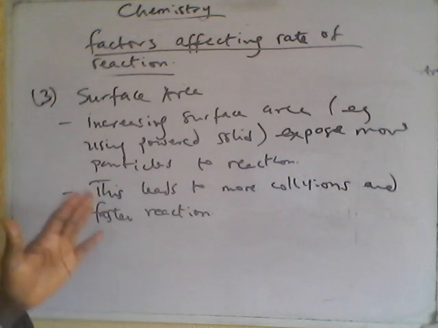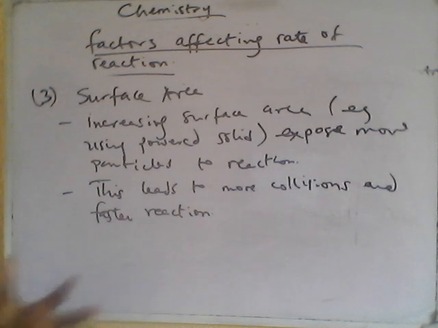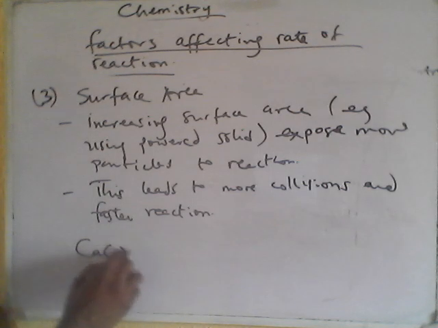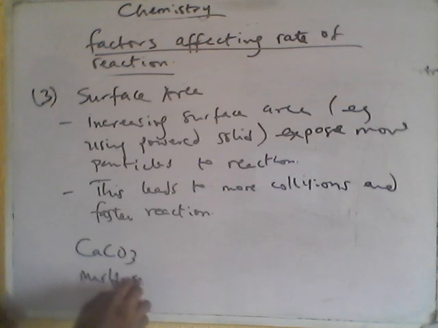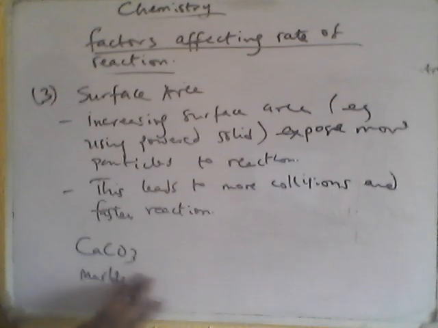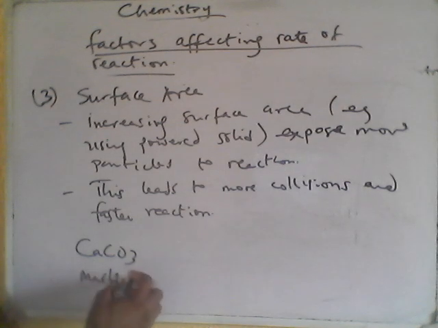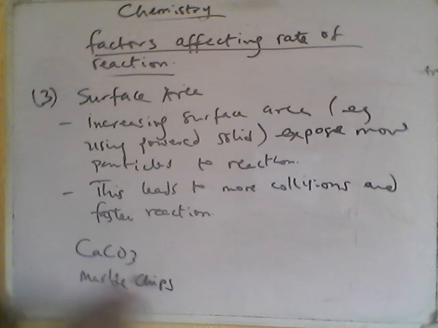An example of this kind of scenario is that powdered calcium carbonate reacts faster with hydrochloric acid than marble chips. You know, marble chips and calcium carbonate are the same thing. This is calcium carbonate. Understand? Marble chip has the same composition. Marble chips are the solid form, a chip.